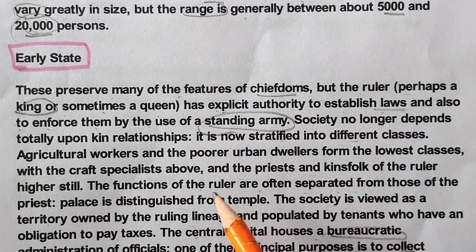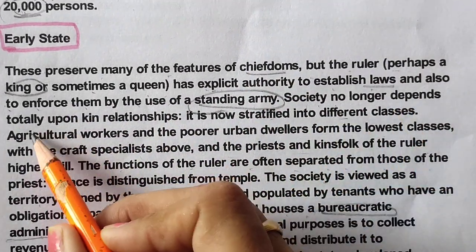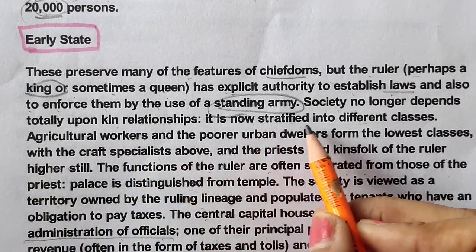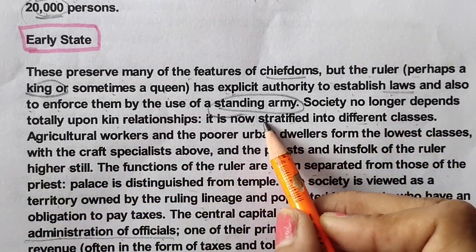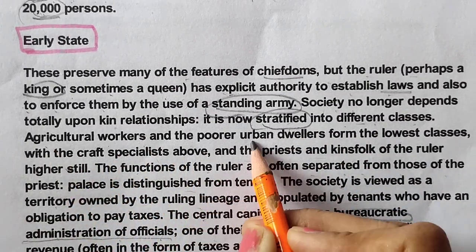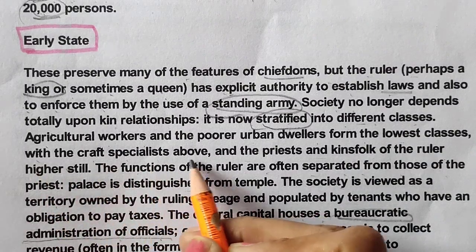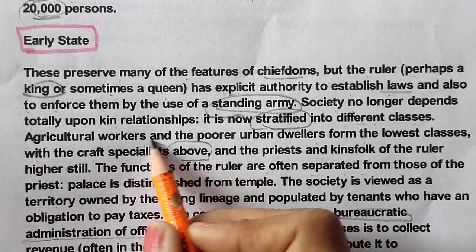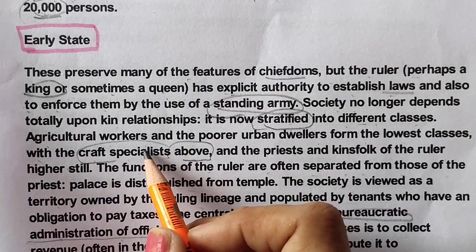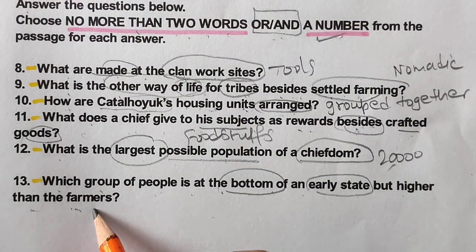Here they are talking about armies. Society no longer depends totally upon kin. It is now stratified into different classes. This is a good word, you can learn it. Agriculture workers and poorer urban dwellers form the lowest, with the craft specialist above.